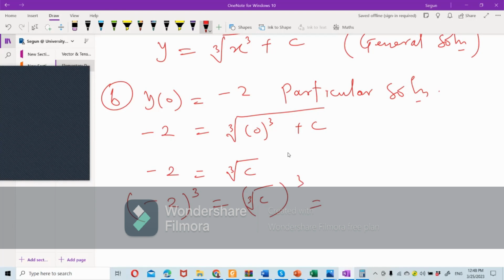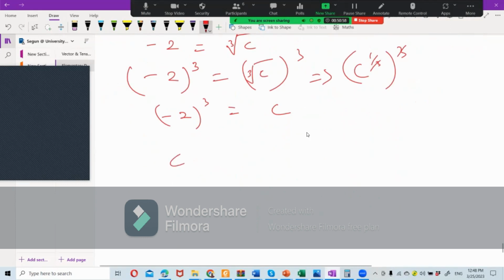Remember, cube root of C is C raised to power 1 over 3, and raised to power 3, this cancels. So we have minus 2 raised to power 3 equals C. So our C is equal to minus 8.